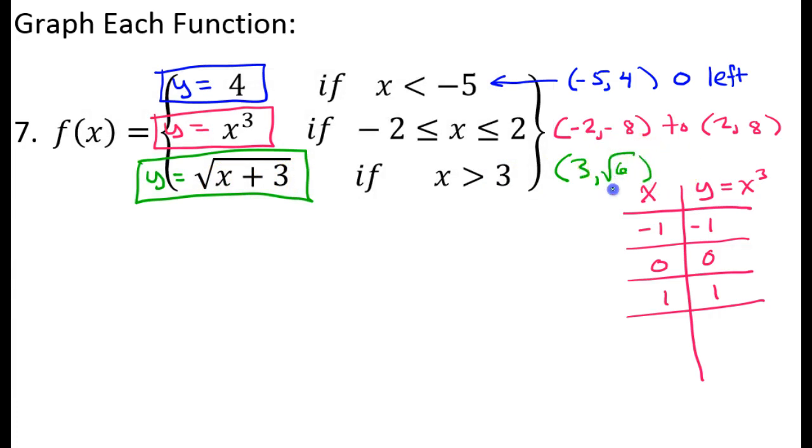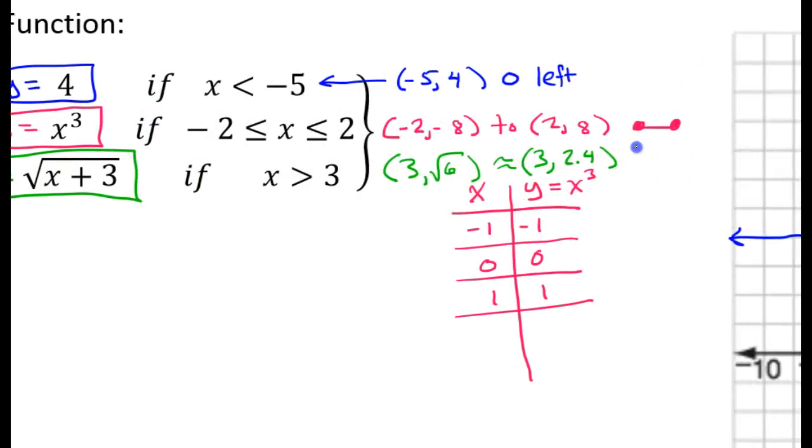That doesn't help me a ton. It would be helpful to have a decimal approximation. So, grabbing the calculator real quick, I'm doing the square root of 6. That's 2.4. All right, so this should be an open circle. So I'm looking for an open circle at 3 comma 2.4.